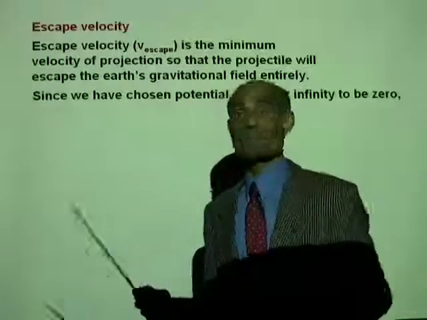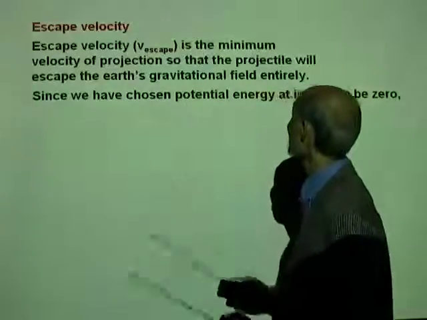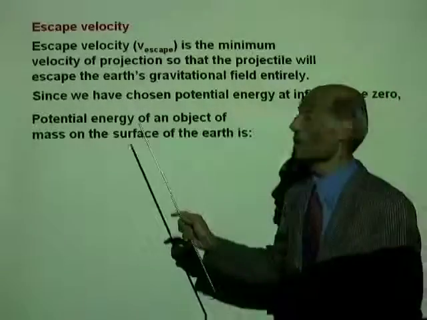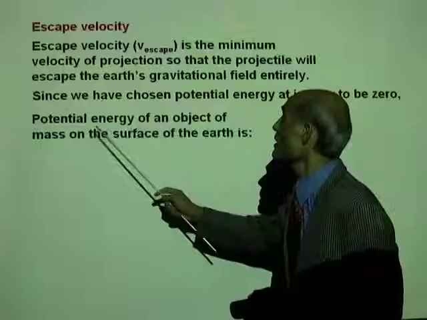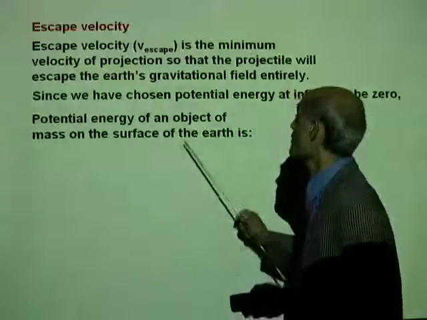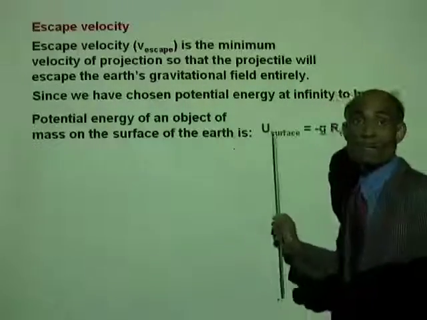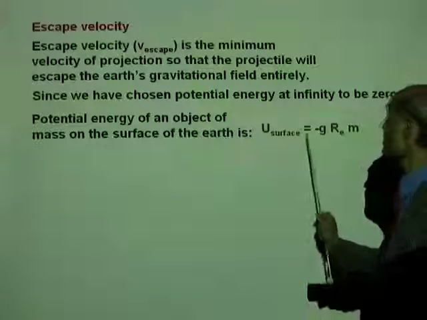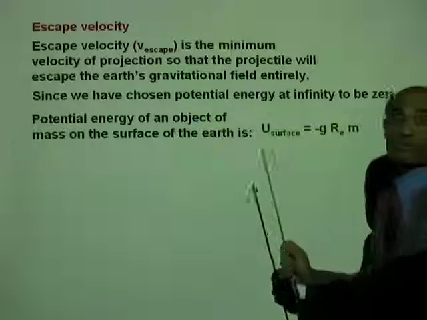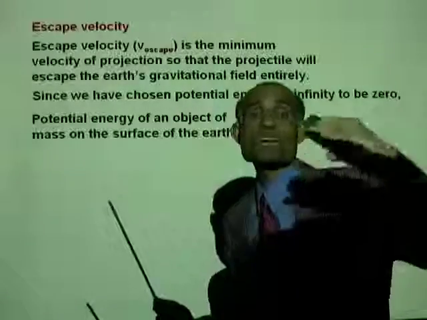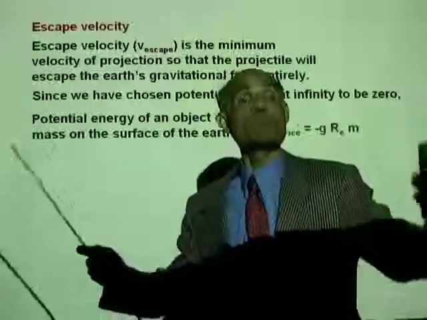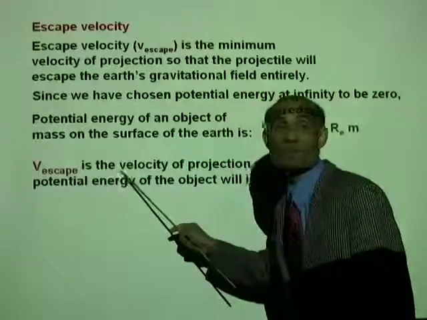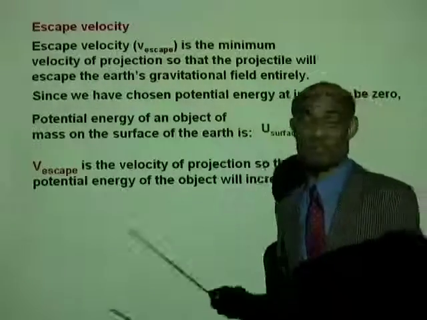That's the meaning there. Since we have chosen potential energy at infinity to be 0, the potential energy of an object of mass m on the surface of the earth we know is this. This is the potential energy of an object on the surface of the earth. The potential energy of the same object at infinity will be 0. Suppose V escape is the velocity of projection.